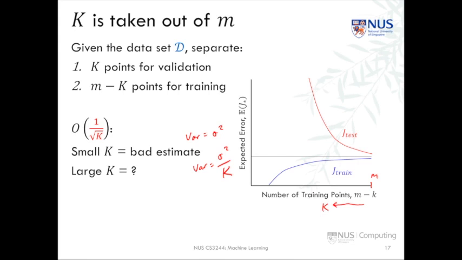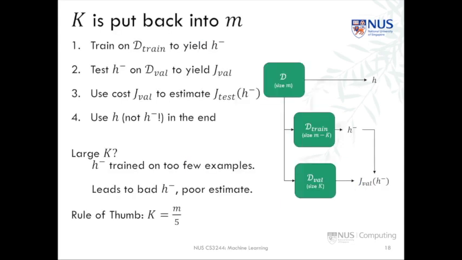Let's say we set k to a very large number, then our training performance is going to be pretty terrible, and we can expect our training error to be through the roof because we don't have enough points to estimate a good model fit, even though our measurement of the test cost will be fairly accurate. So there's some give and take here too. There's a trade-off between having large k and small k.